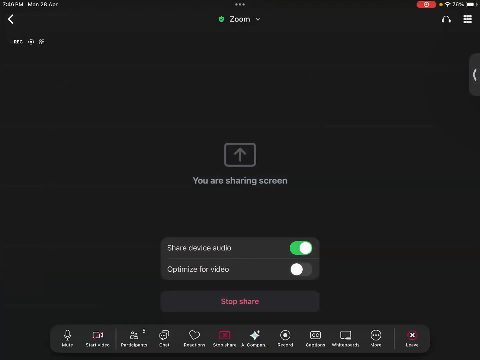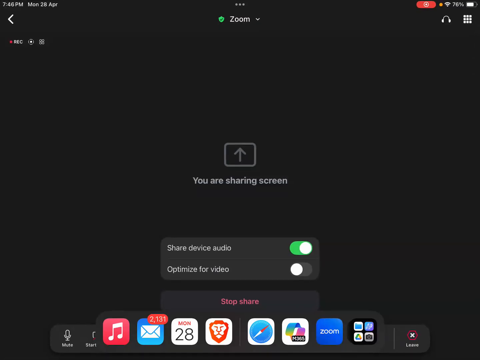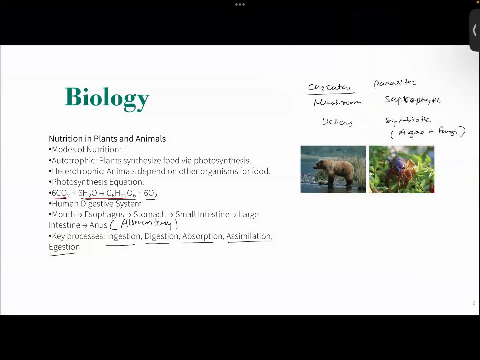No, sir. Okay, I'm resharing it. Can you see it now? Yes, sir. Okay, Priyanka, I'm going to keep my camera off so that less data will be utilized, since you have a network issue.